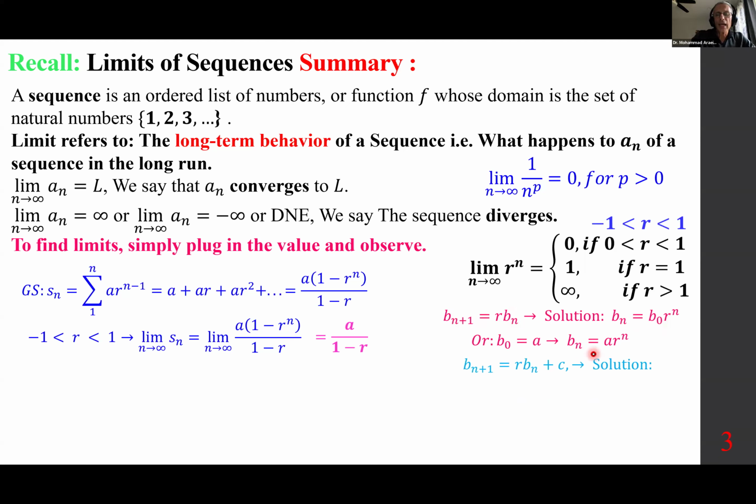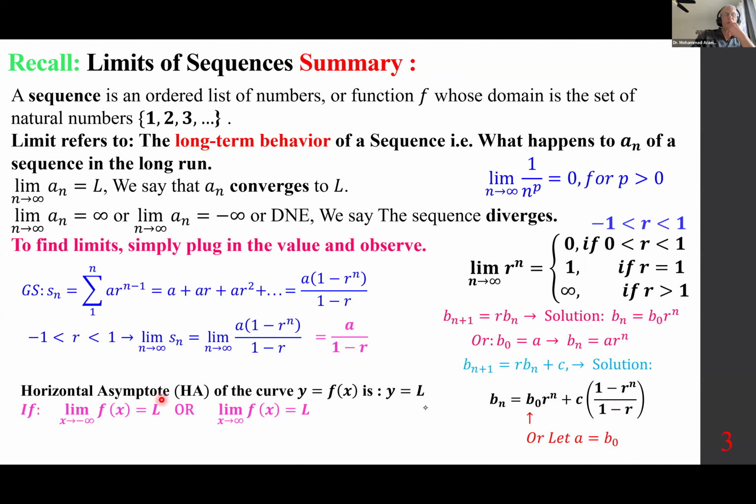And if we add a constant to this, such as giving medication at a specific time step to patients, the solution b sub n is b sub 0 r to the power of n, plus c times 1 minus r to the power of n over 1 minus r.